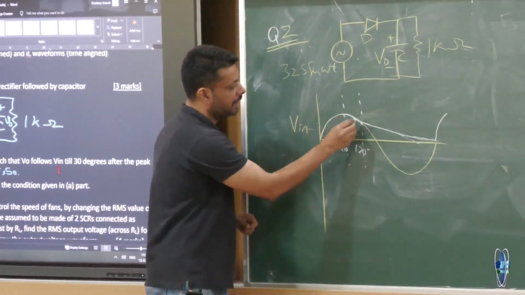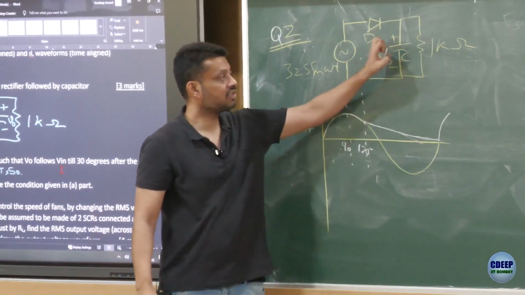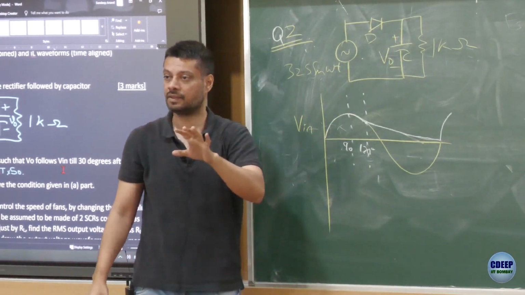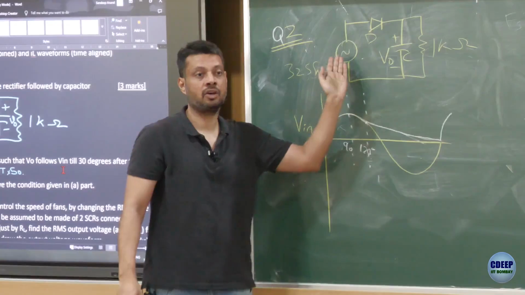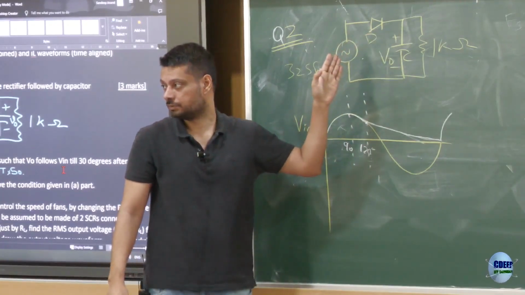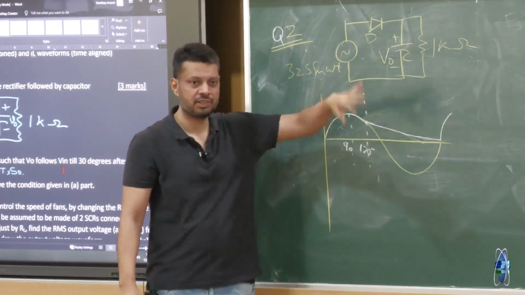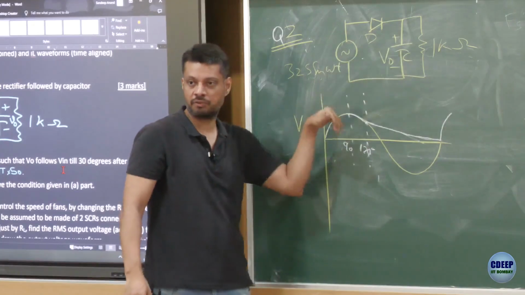So, going from here to here, if you see this 30 degrees, if your RC discharge is very fast, then only this diode will turn on and this voltage will be clamped to the input voltage. If your RC discharge is very slow, then this voltage will not go fast down.